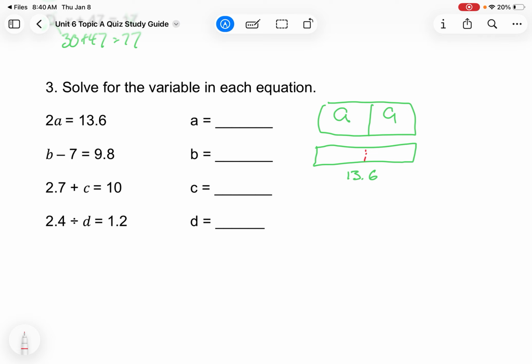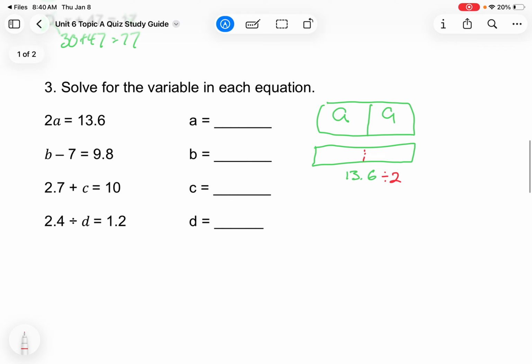So half of 13.6. So I divide it by 2. Half of 13 is 6, and so 6.8.